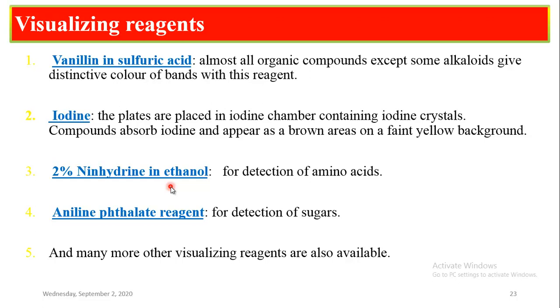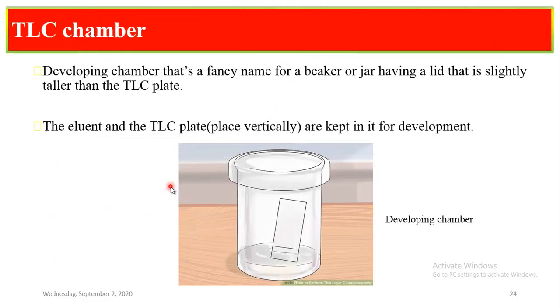Ninhydrin is used mostly for amino acids. Aniline phthalate is used for detection of sugar components. So I have chosen only 4 visualizing reagents which can be used.